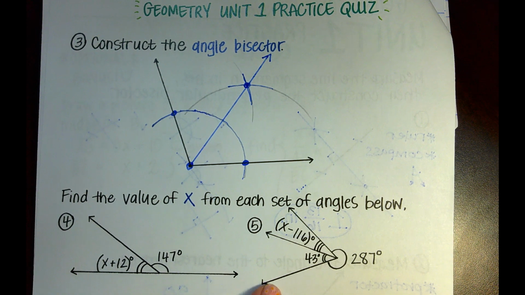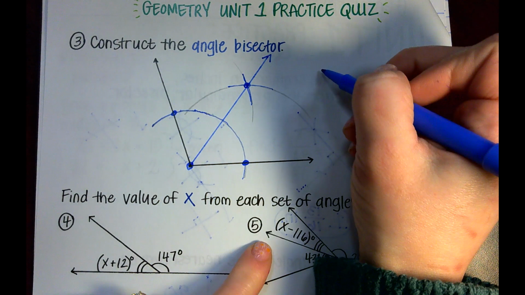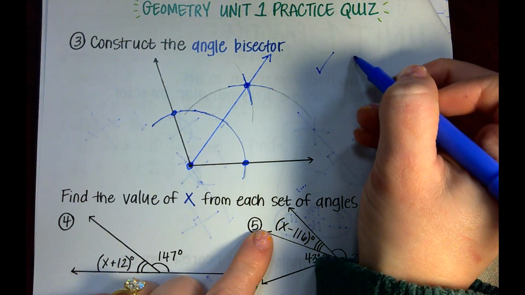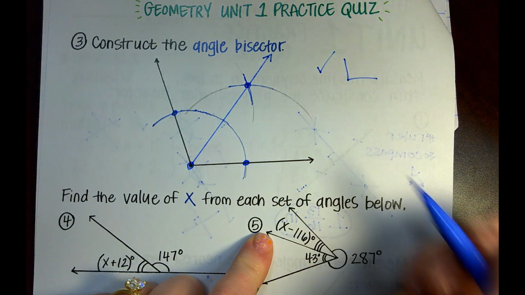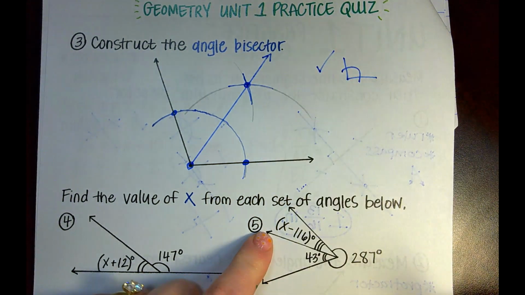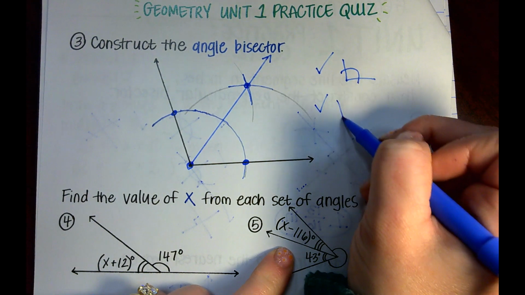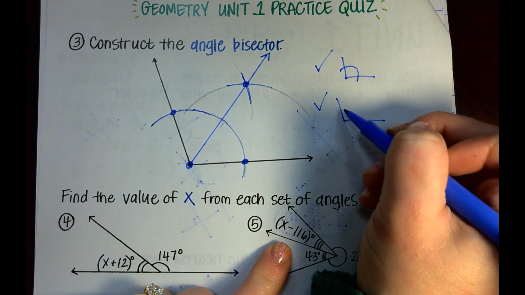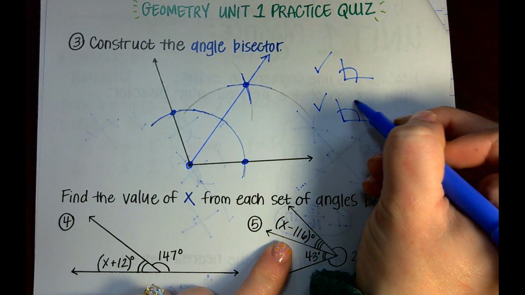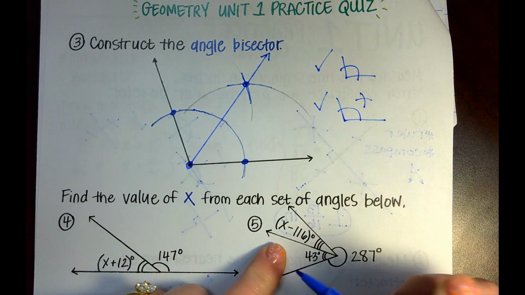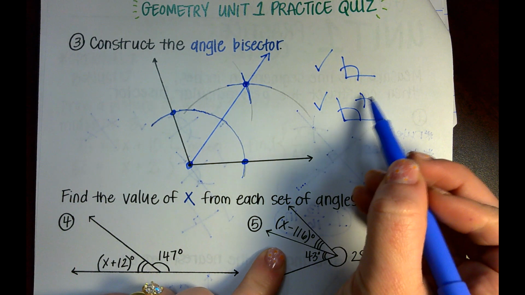So, when I am grading your quiz, these are the things I'm looking for. First of all, that first arc. Second of all, that these are intersecting in the middle.